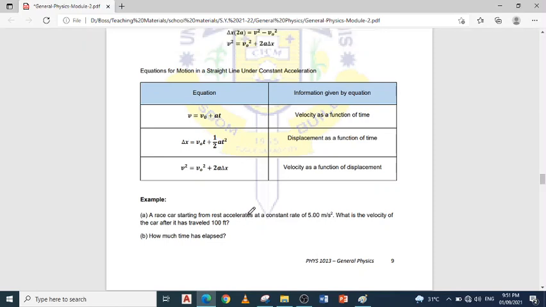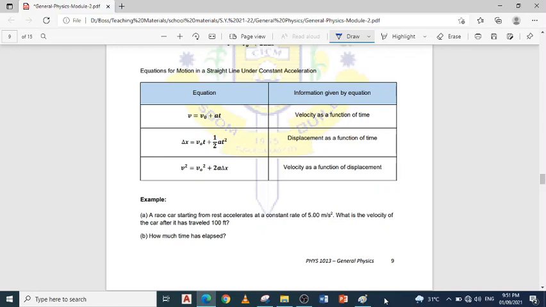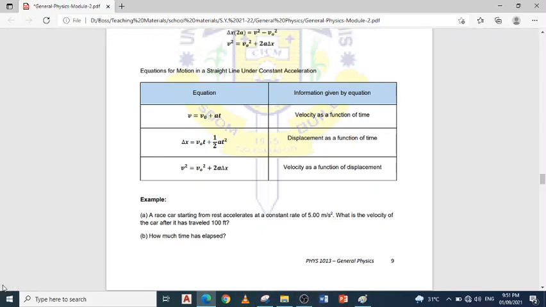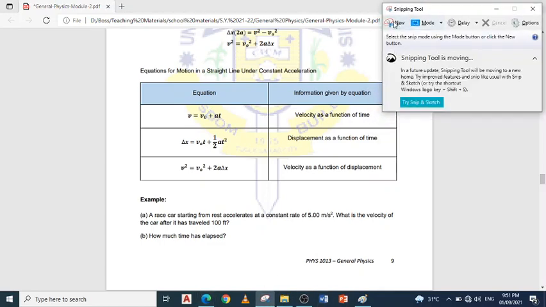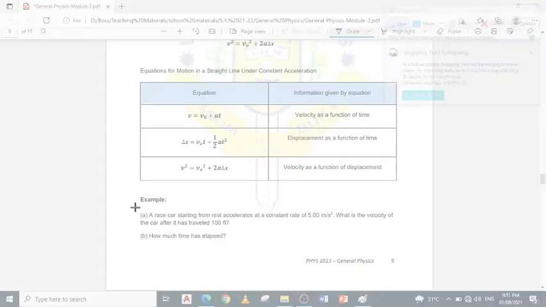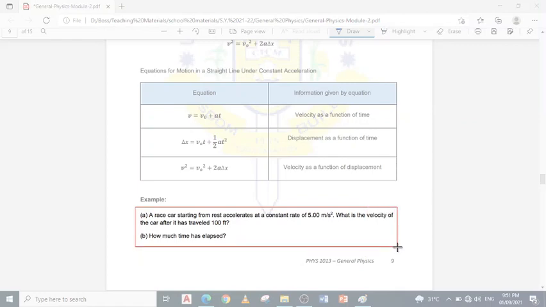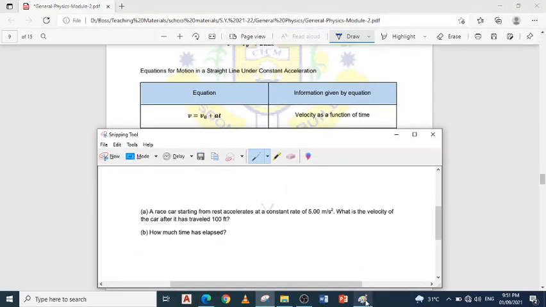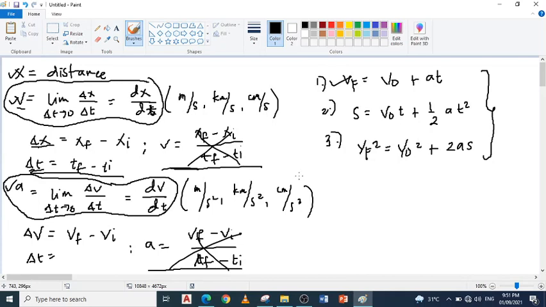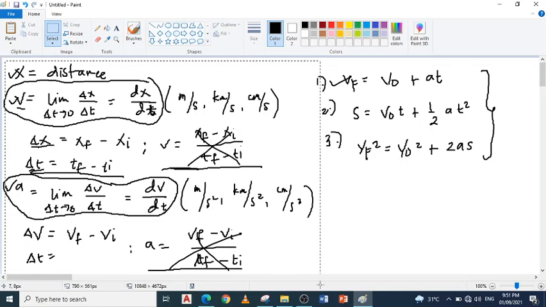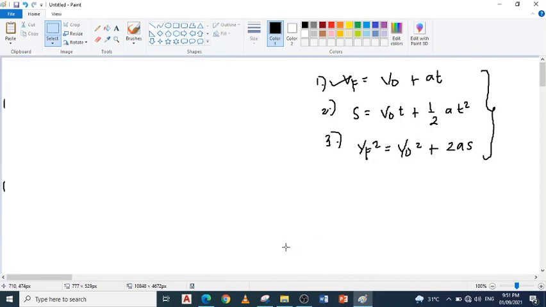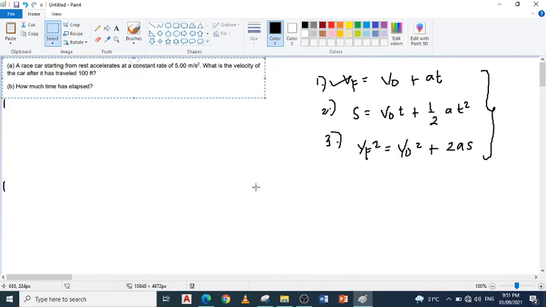So, for this one, hindi ko titignan na yung solution. Okay.